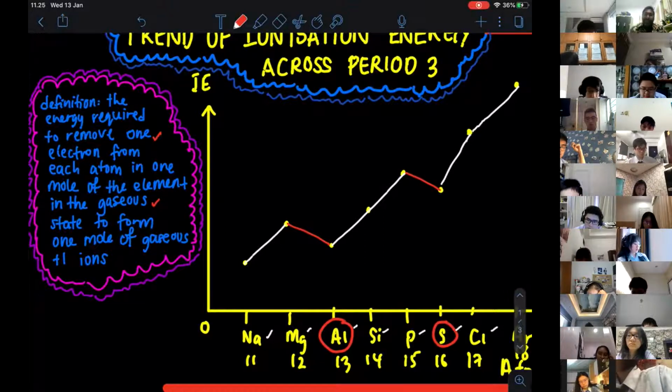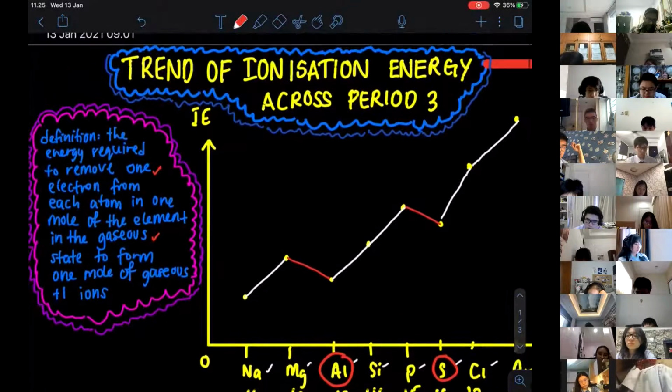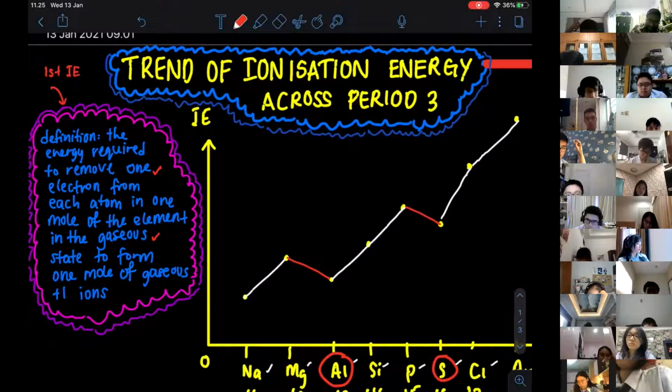This is very specific. This is first ionization energy. So do remember this graph that I'm drawing is the trend of first ionization energy.